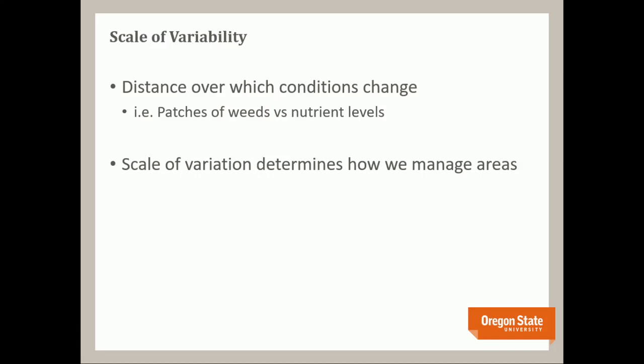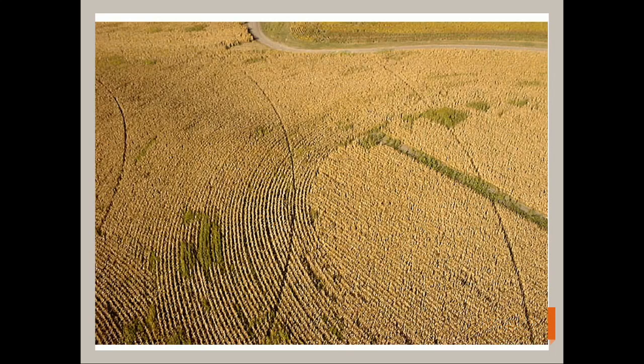Scale of variability is the distance over which conditions change, like patches of field versus the nutrient level. Scale of variation actually determines how we manage the areas. Here's the image presented, showing where the potential crop is and where the green parts represent the low yield area, and we will apply the requirement according to the issue of the land.